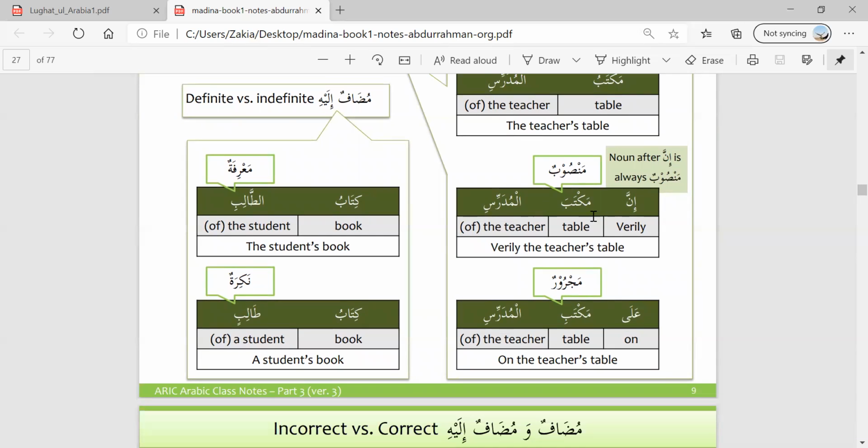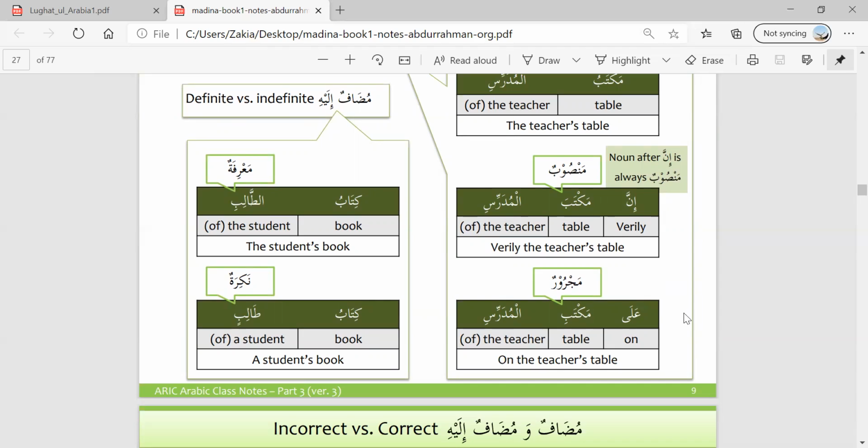Anything that comes after inna, we put in the case of mansub, and that's just a grammatical rule. Really that should be learnt later on once you're familiar with the basic rules. So I won't go into that, because there's inna and the sisters of inna, inshallah we will not go through them yet.